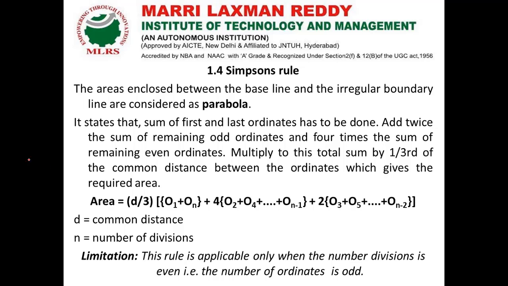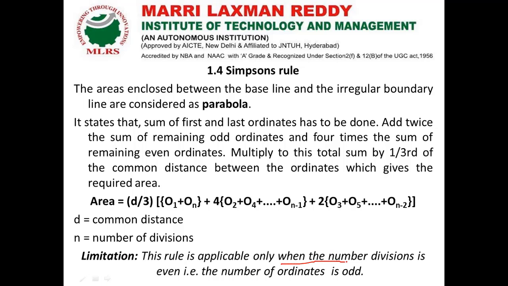So the formula becomes area equal to the common distance d divided by 3 into first ordinate plus last ordinate plus 4 into even ordinate plus 2 into remaining odd ordinates.